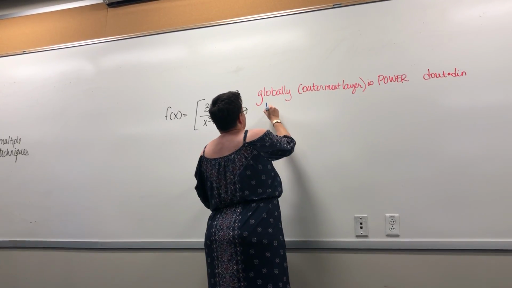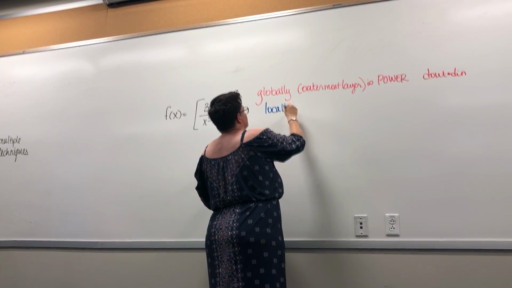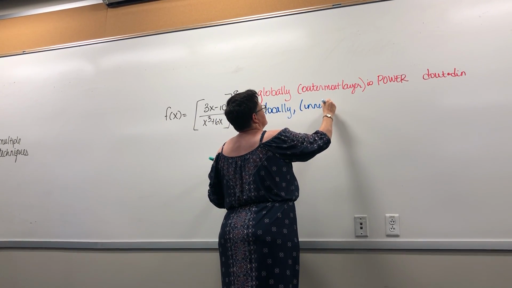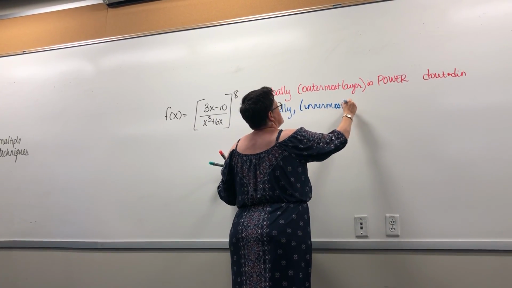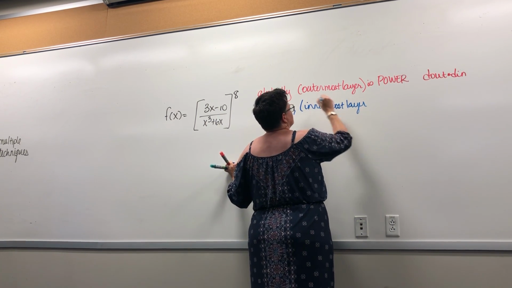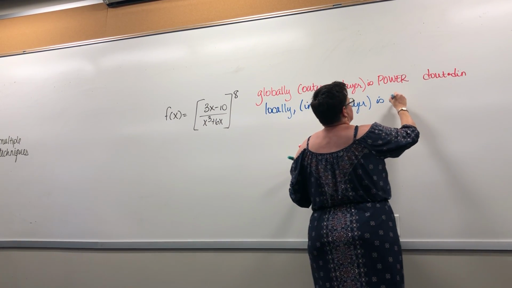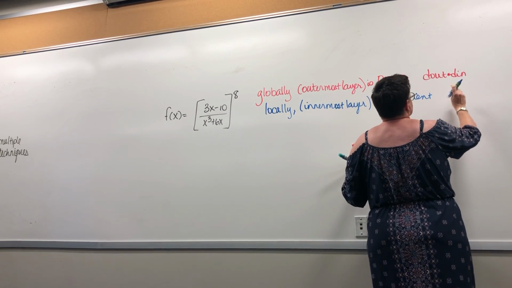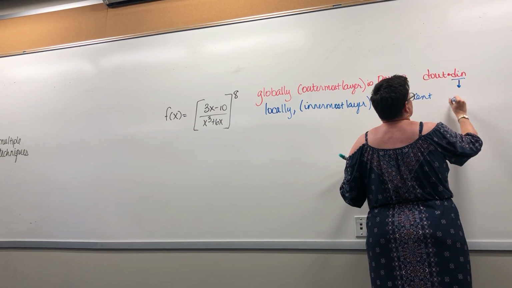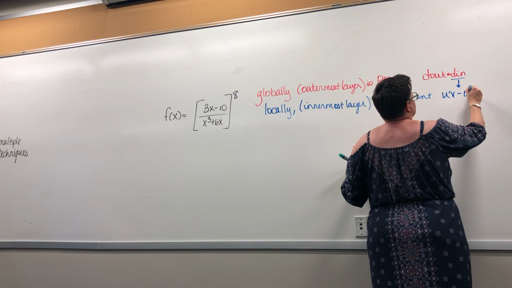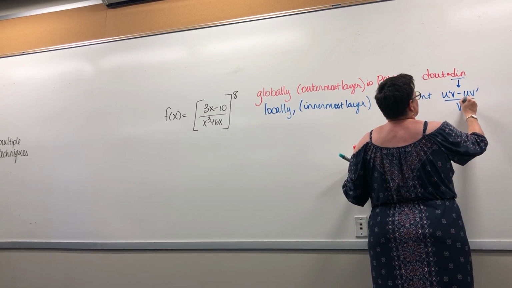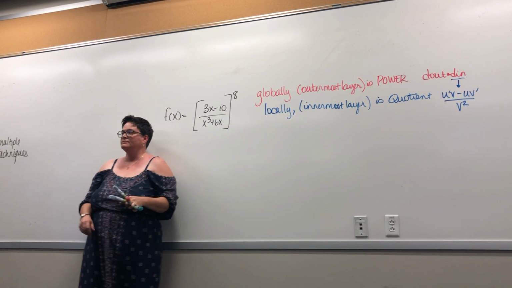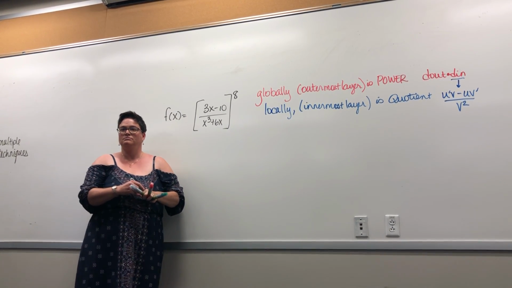So locally, and that's the innermost layer, is a quotient. So when we get to dn, we're going to do u prime v minus u v prime over v squared. You guys with me? You ready to peel?